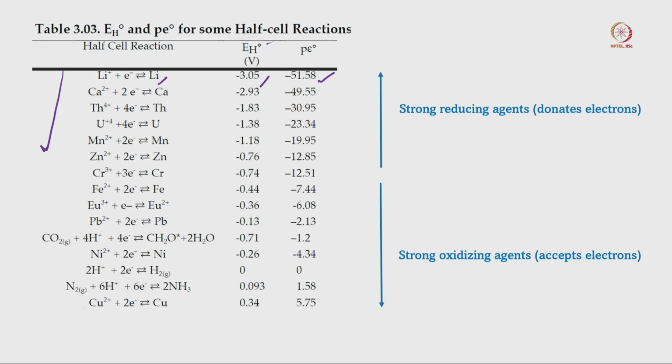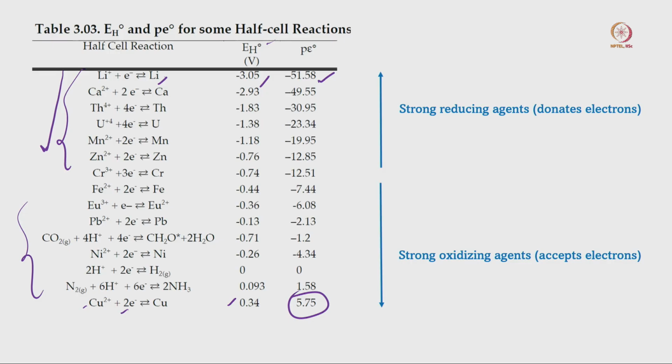As compared to this copper 2 plus, copper 2 plus will accept electrons and become copper metal, and its electropotential is also low and its PE conditions you see are positive. So, these are strong reducing agents, that means they are just going to donate electrons, and these are strong oxidizing agents, that means they are going to accept the electron, oxidize the other reactant, and they themselves are going to get reduced.